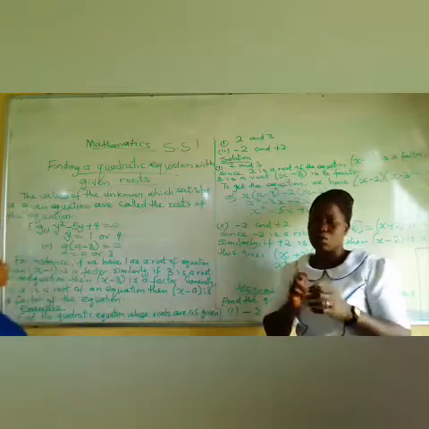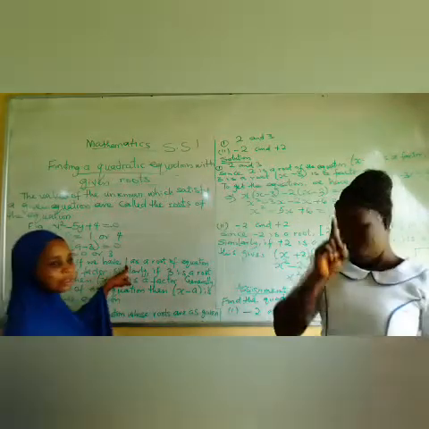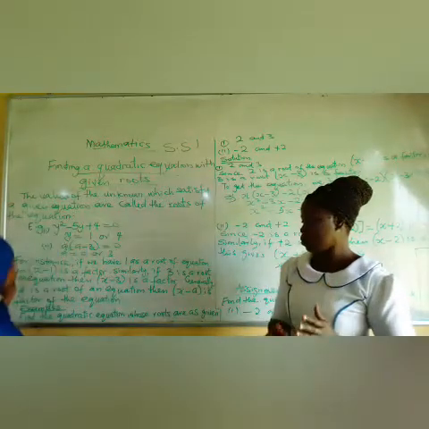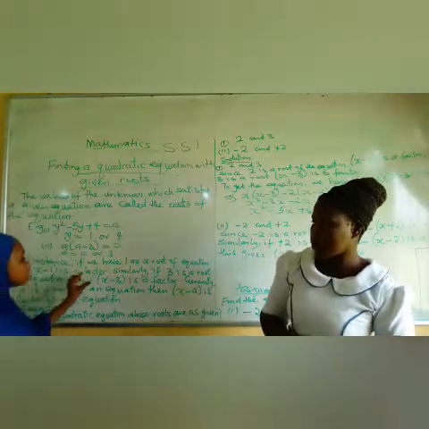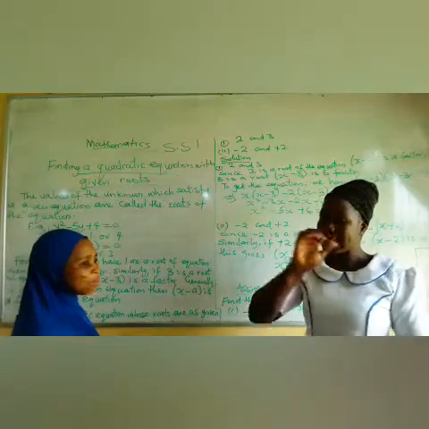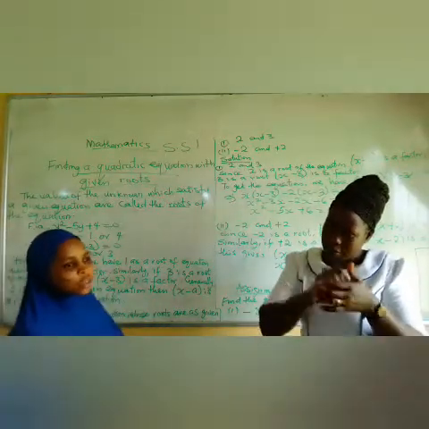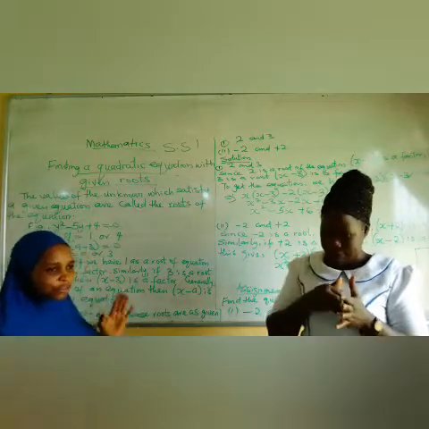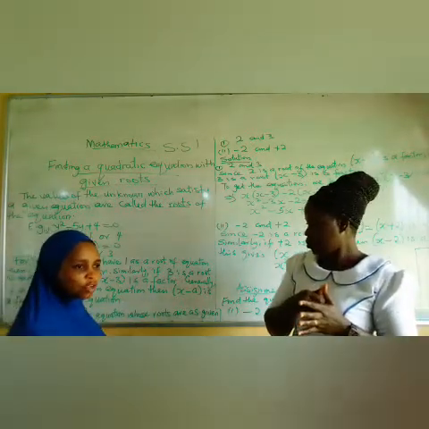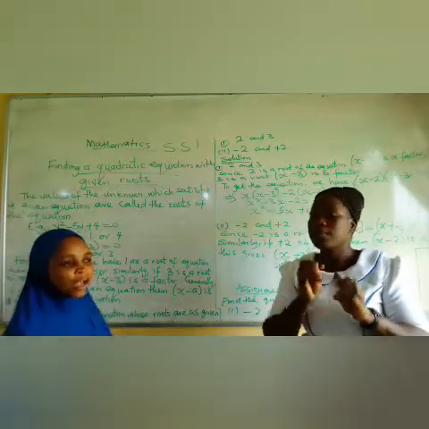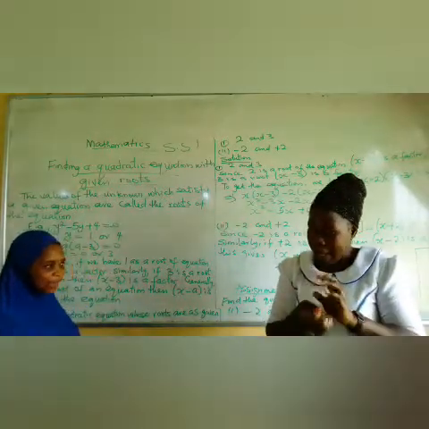Let's take for instance, if you are given 1 as a root of an equation, then x minus 1 is a factor. That means x minus 1 will divide that equation. That is the definition of a factor: a factor of a number is a number that will divide a given number without remainder.